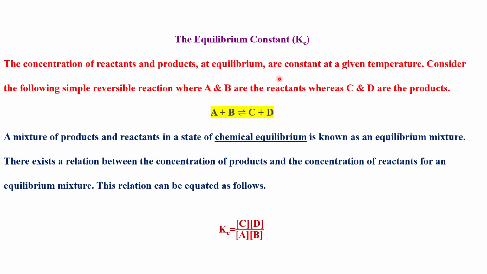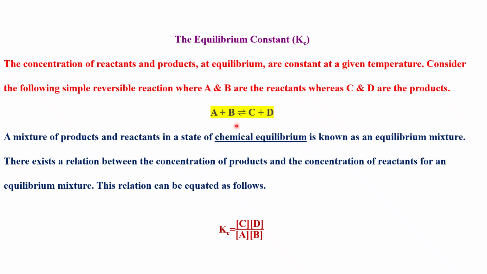Then in equilibrium we use one constant, known as the equilibrium constant. It is explained using the concentration of reactants and products at equilibrium at a given temperature. For example, A plus B forms C plus D, a reversible reaction.